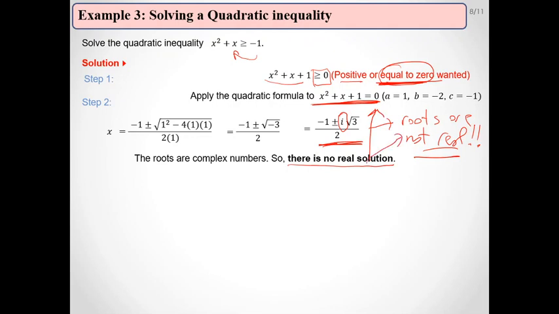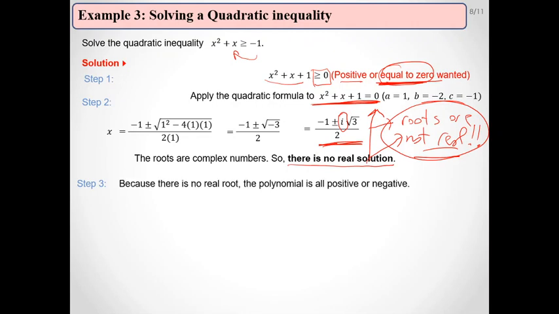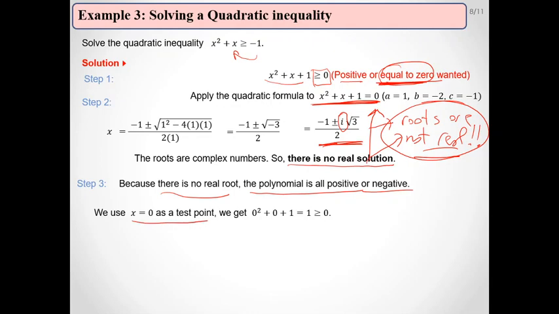There is no real root. So next, step 3. If there is no real root, the polynomial is all positive or all negative on the real line. So you take any point, it might be 0 or whatever, and put it in the polynomial. Take 0, put it in the polynomial, and it gives 1, which is positive. So what does this mean?